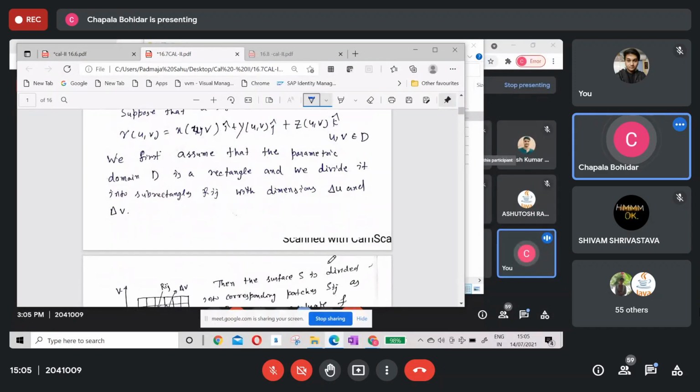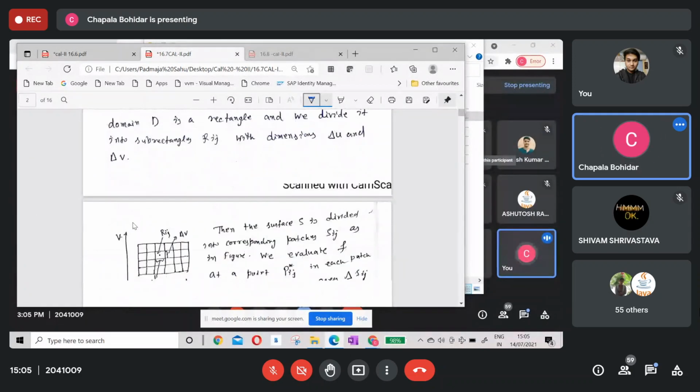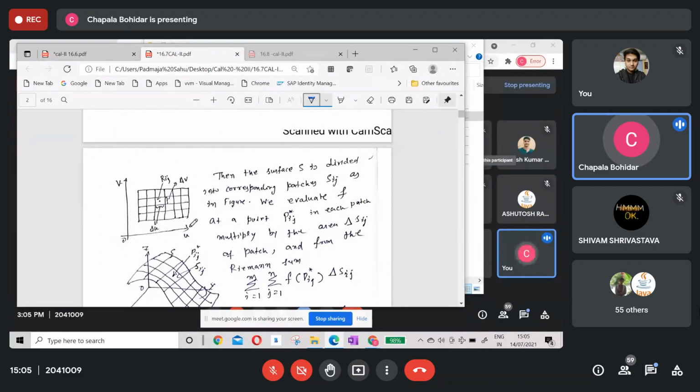First we assume that the parameter domain D is a rectangle and we divide it into sub-rectangles. Here it is divided into sub-rectangles with widths del u and del v, and this small rectangle we call Rij. We divide it into m and n parts.